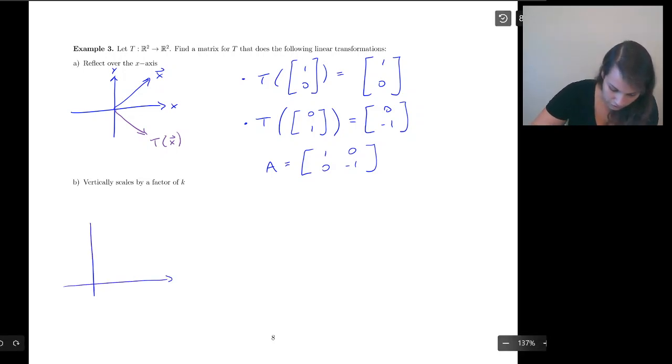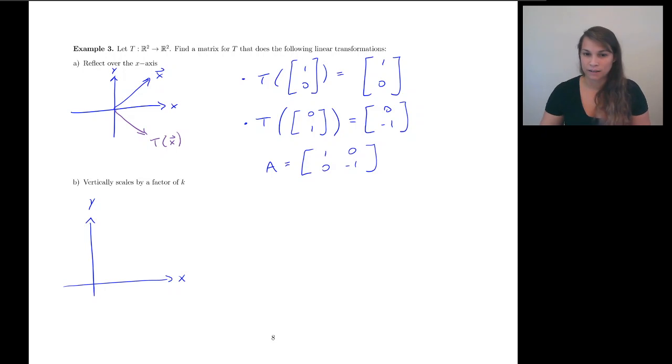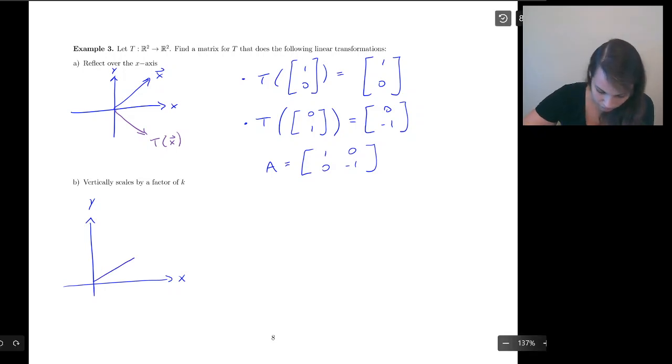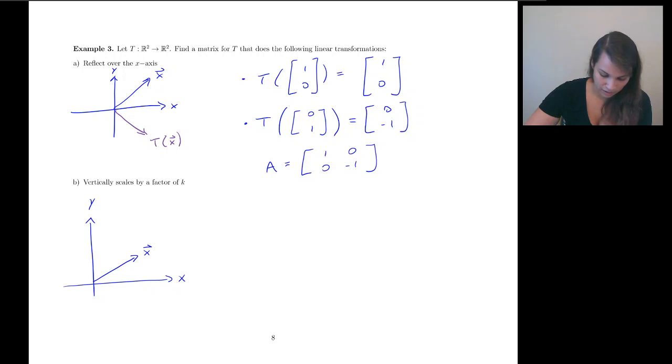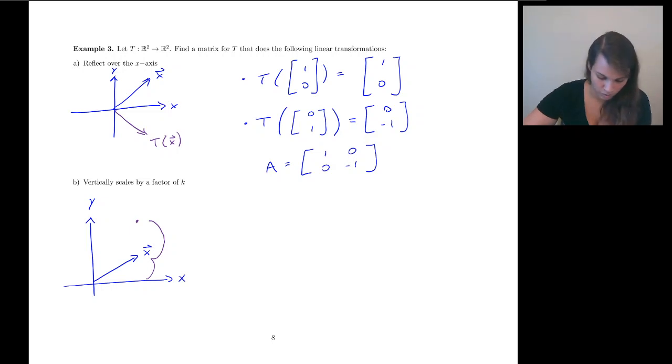Last one we want to do is a matrix that is going to scale a vector vertically by a factor of k. So if this is x, we want to scale vertically by a factor of k. So if k was like 2, we would want to double where we end up. We do not want to change the x component at all. We just want to go up twice as high as we were before.